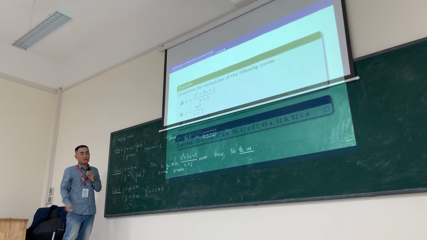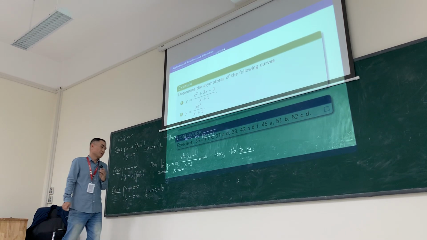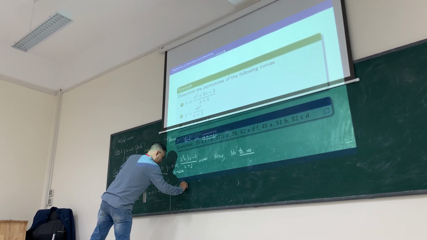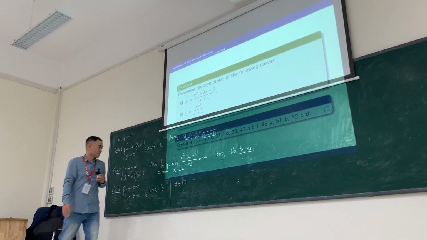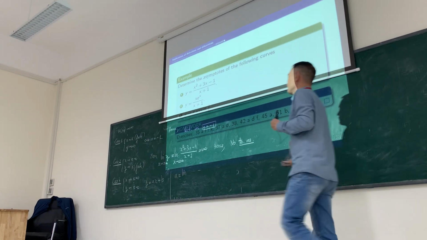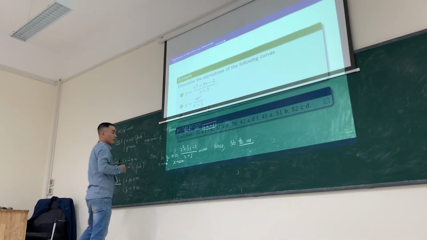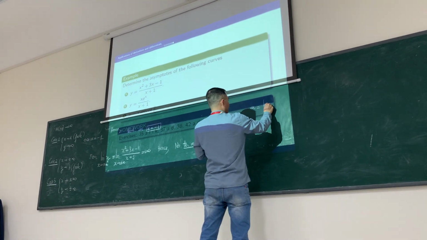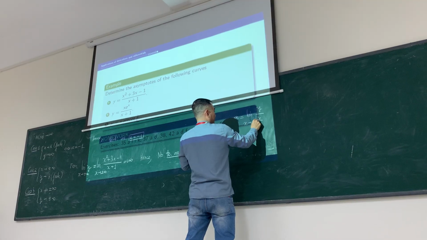What are A and B? First, A equals the limit of y over x as x tends to positive and negative infinity.